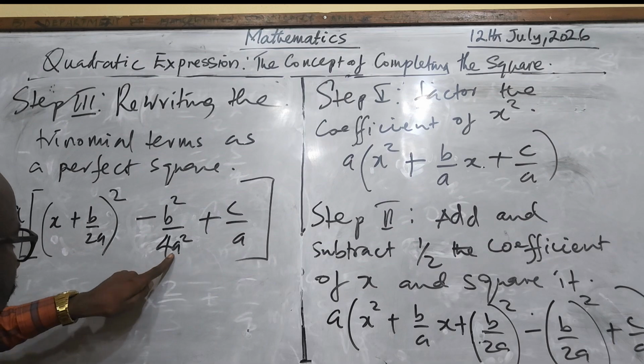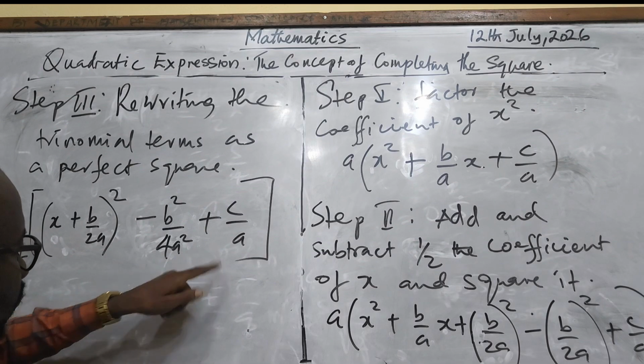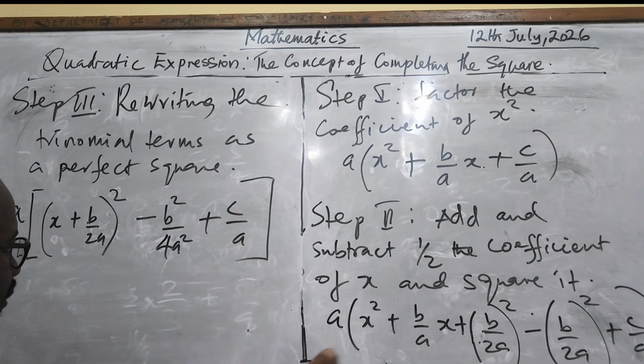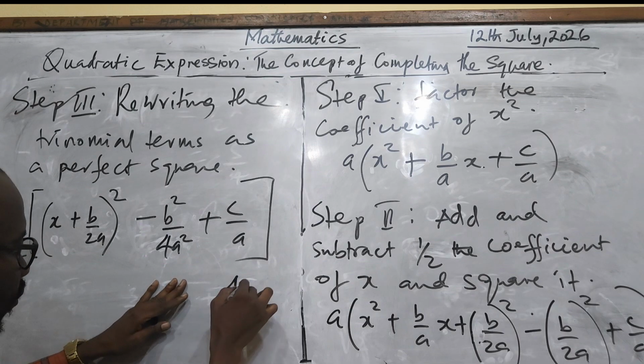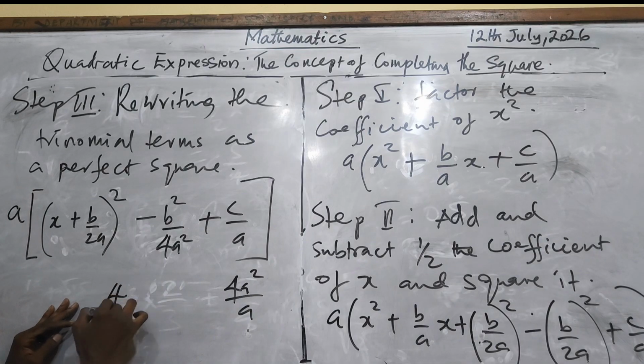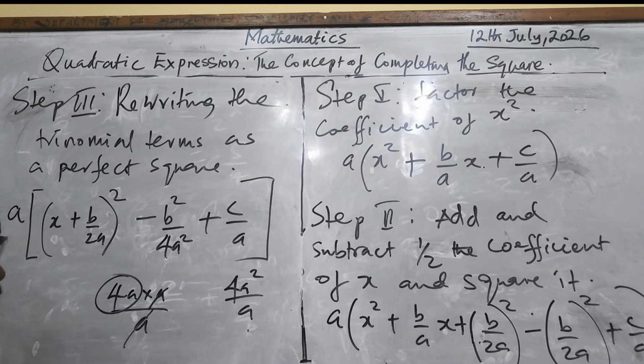So I'm going to employ the method of equivalent fraction here. Can I make a to resemble 4a squared? The answer is yes. Because if you look at it, can 4a squared be divided by a? Yes. 4a squared divided by a, of course, is the same thing as 4a times a all over a. This goes, so I'm left with 4a.